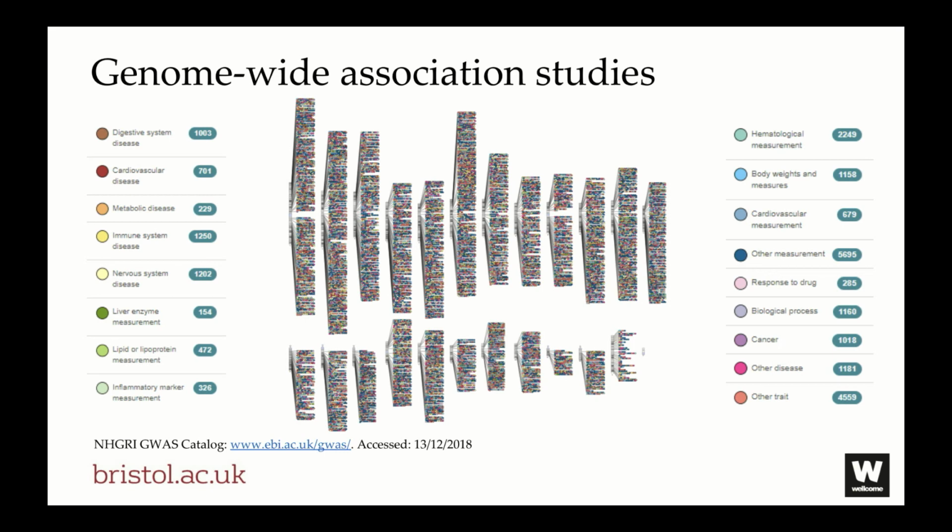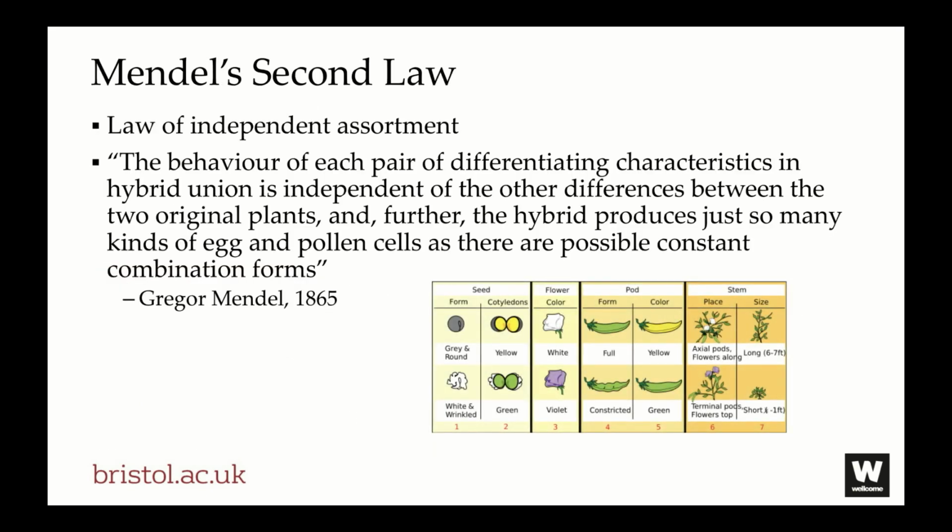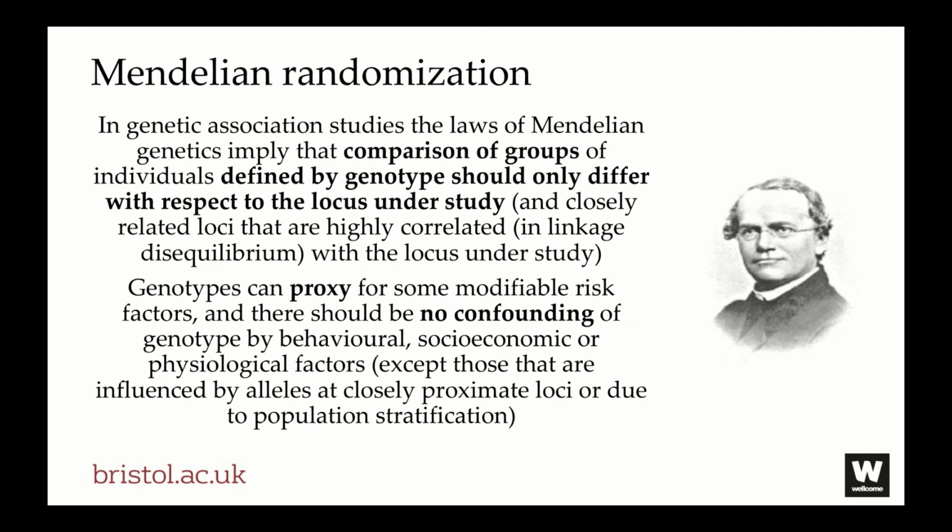Mendelian randomization. So Mendelian comes from the idea of Mendel and his laws. The main law, or corollary, or whatever you want to call it, was the idea that each pair of characteristics that we have is inherited independently from one another and at random. So if we compare people or groups of people in the population based on a particular genotype or genetic variation, then they can be used as proxies or biomarkers for otherwise confounded modifiable risk factors.